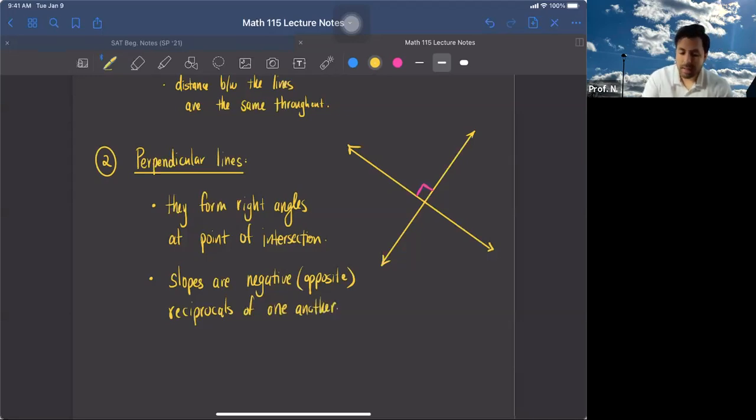Example, let's say my slope here is negative 3/4. Then the slope for this guy would be the negative reciprocal. The negative of a negative is a positive, and the reciprocal just means you flip the fraction. So then the slope here would be 4/3. That's what it means to be negative reciprocals.